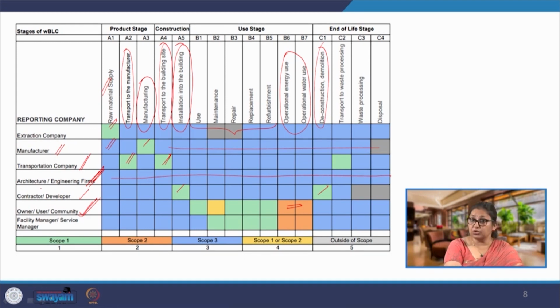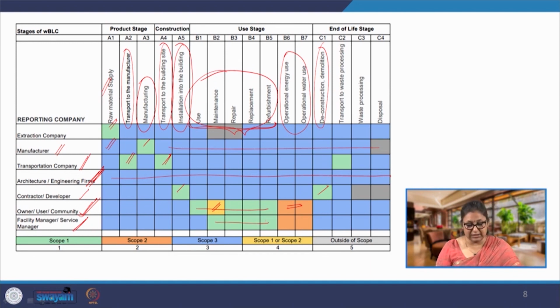So, owner, user or community is going to have all these emissions coming from this entire basket of use as either scope 1 or sometimes as scope 2. Why are we counting it as scope 2 here for maintenance? Because if there is a facility manager or a service manager who is going to manage the entire building, then the emissions coming from maintenance, repair, replacement, refurbishment could actually be accruing to the facility manager or service manager.